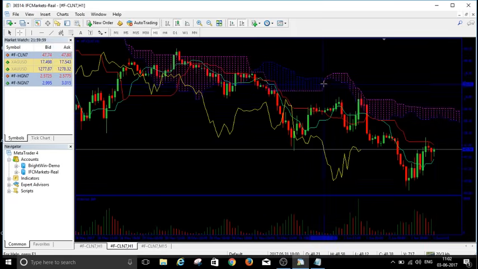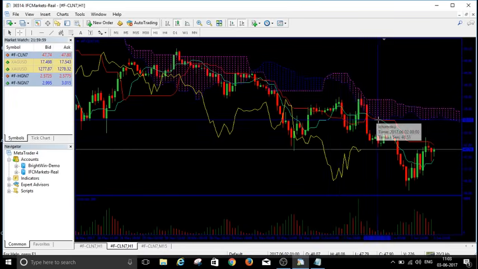See here, this line crosses above. This is Senkou Span, sorry, Senkou Span B line. Okay, so the crossover happened here, but still you will see that this is still showing buy.